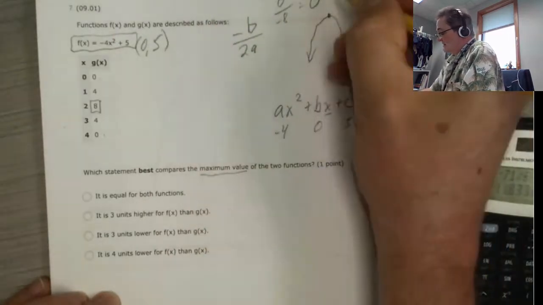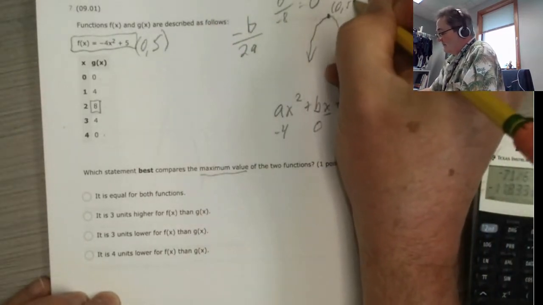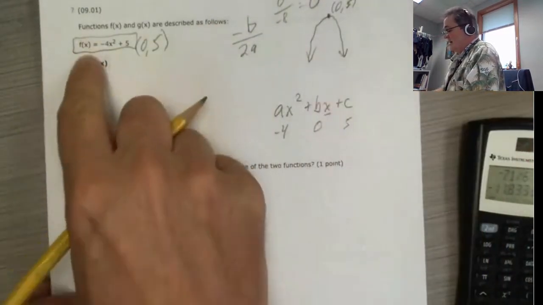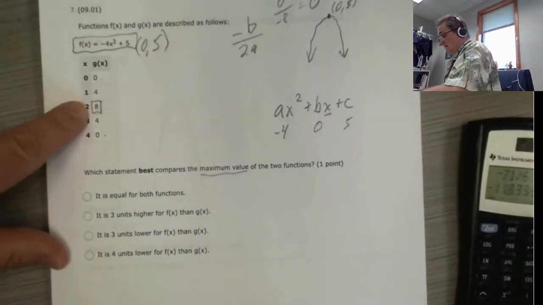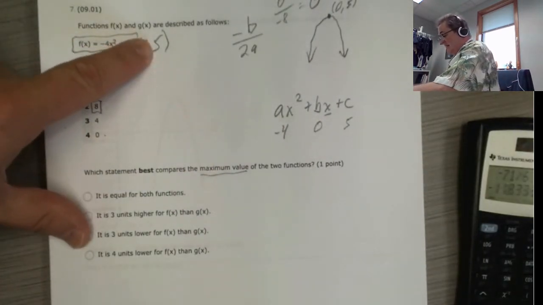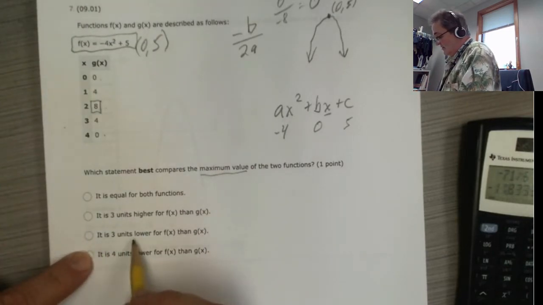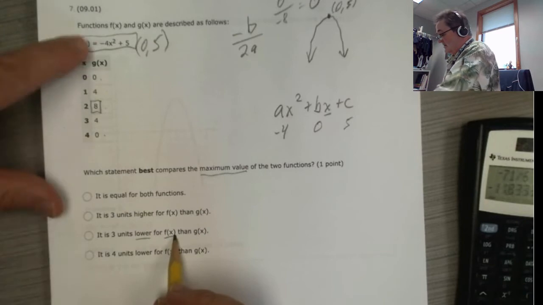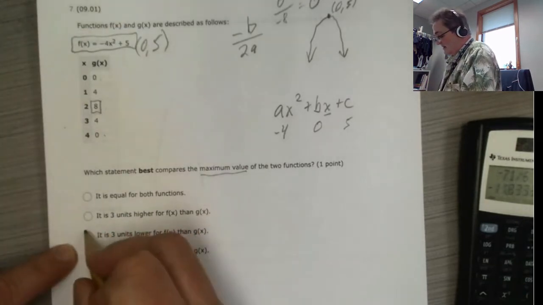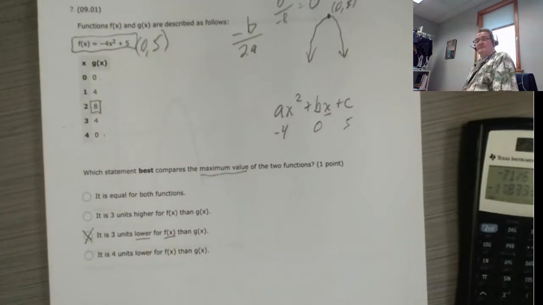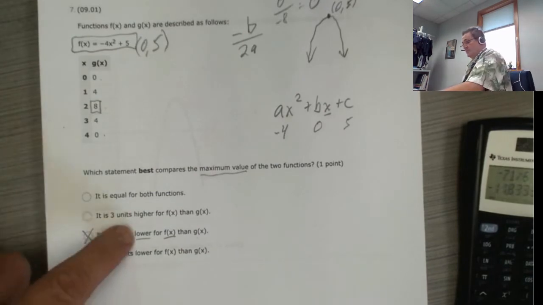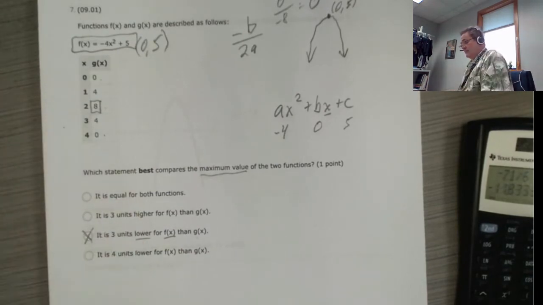That's the vertex. 0, 5 is the highest point of f of x. So g of x goes to 8. F of x only goes to 5. It is 3 units lower for f of x because it's only at 5. Then g of x is at 8. Okay. Don't let them trick you. They have a higher and lower equal.